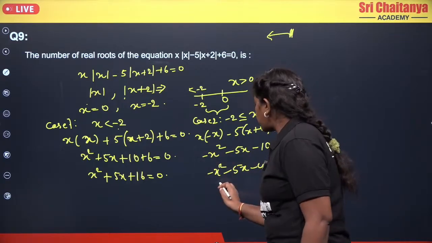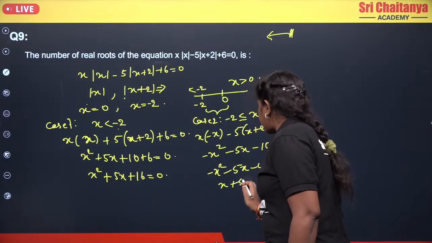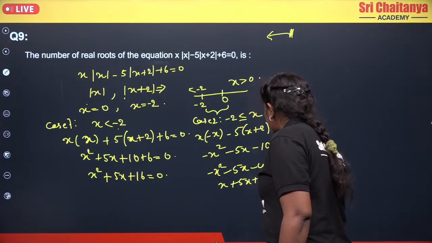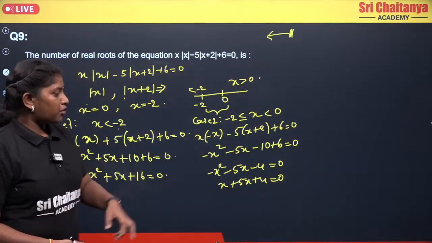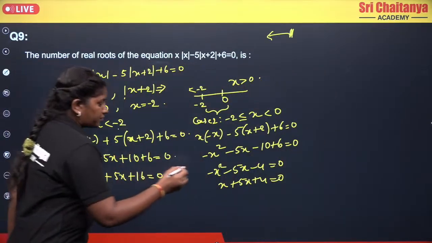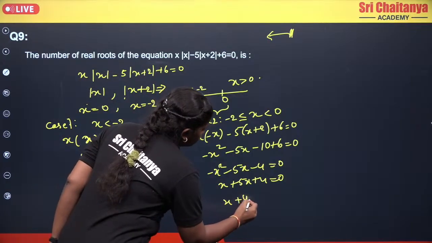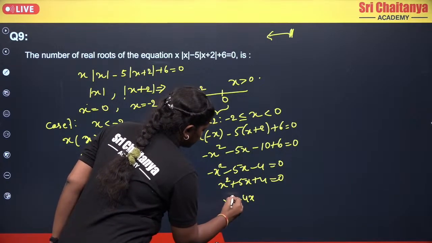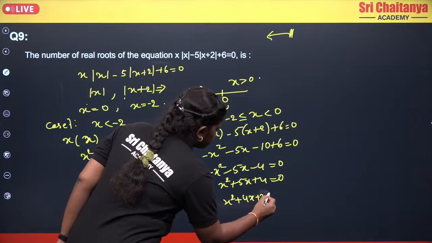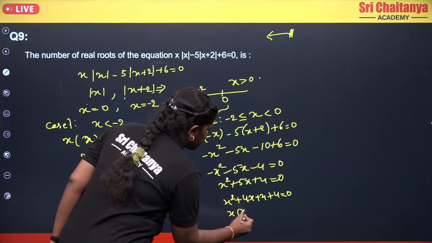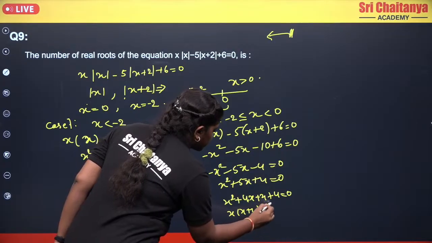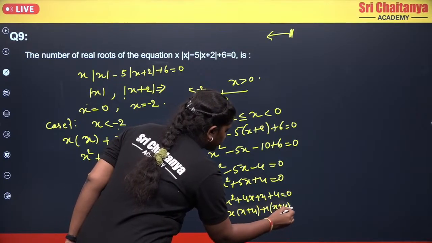If you take minus common, you will get x square plus 5x plus 4 equals to 0. So here you can find the root, simple, right? Why? Because it will be 4 into 1. So that was x square plus 4x plus x plus 4 equals to 0. Now if you take your x common, you will get x into x plus 4 plus 1 into x plus 4 equals to 0.